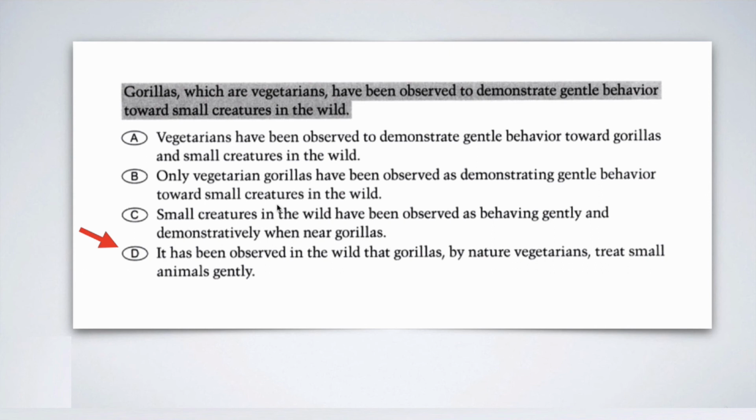So you see that they will have a lot of mistakes in the wrong answer choices. They might even use the reading tricks that we learned, such as only, and they will always have the exact same words in their answer choice, which is wrong, okay? So we see gentle behavior, it's like everywhere, gentle behavior, behaving gently. Only here we have just gently without behaving. So we see small animals, it's a paraphrasing of small creatures, and in all other sentences we have small creatures, small creatures, small creatures.